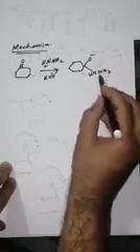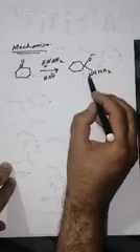This pair of electrons moves over the oxygen, so you get O negative, NH, NH2. Did you get my point?